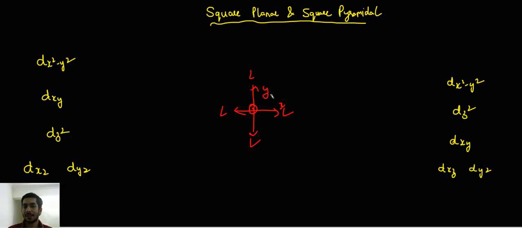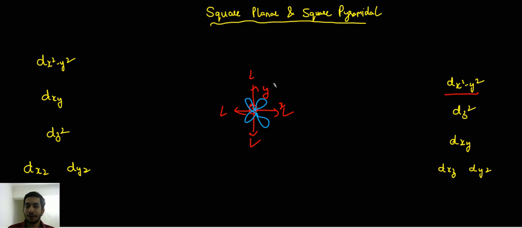So again your x and y axis will be of the highest energy, so your dx square y square orbital will be of highest energy because they are directly facing the ligands, and that too 4 ligands, right? Now what I talked about dxy, the dxy was interplanar, so it was not directly facing any ligand. It is facing some repulsion, but not a direct repulsion from the ligands.